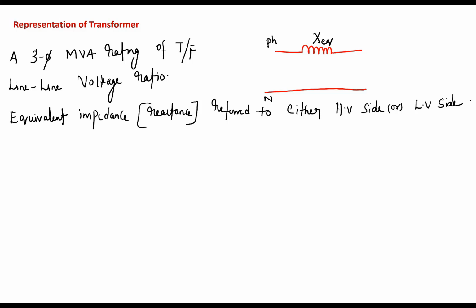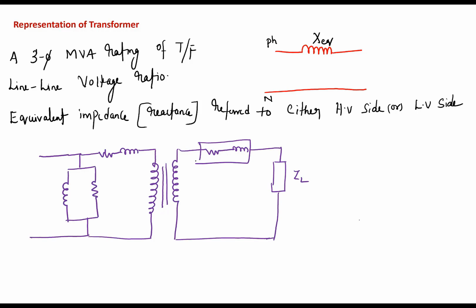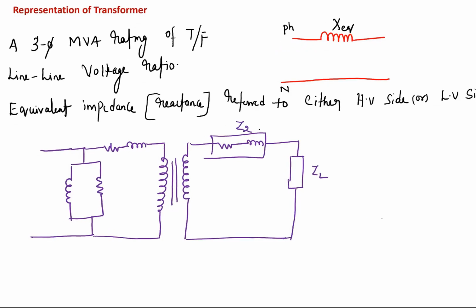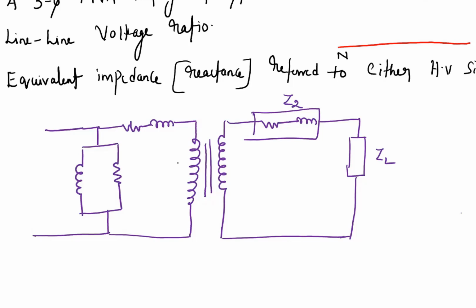So if you recollect your equivalent circuit of transformer, you can model it as follows. This impedance is called Z2 and this is the turns ratio N1 to N2. This is called Z1. This is V1. This is X0, R0.